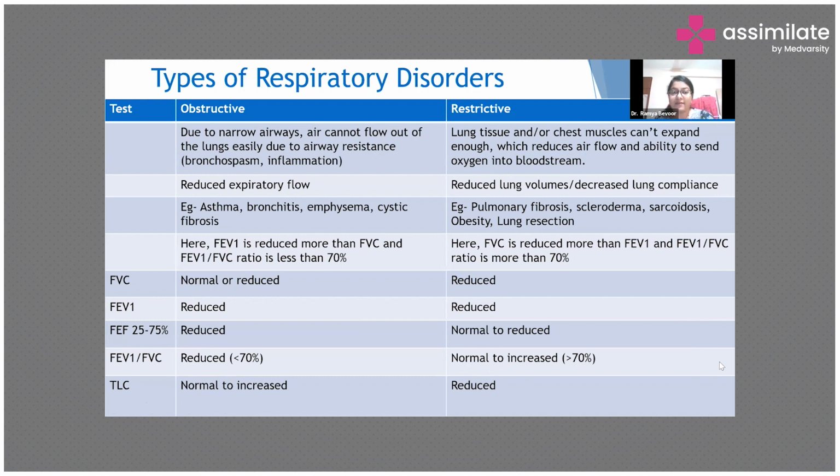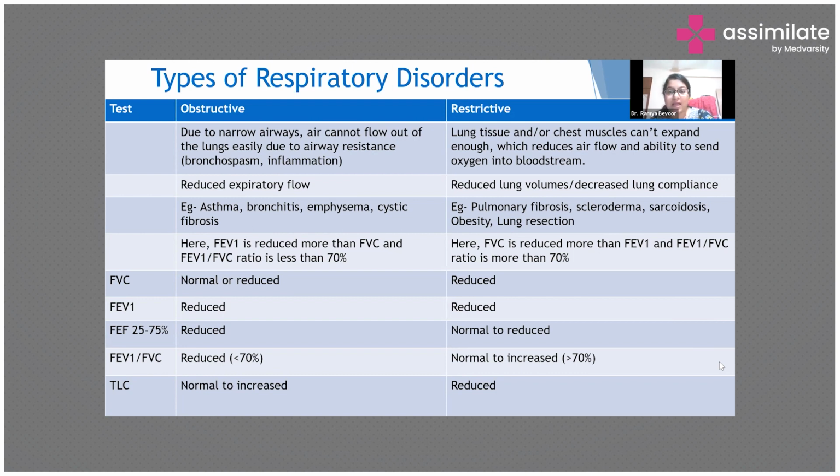There is a lot of airway resistance because of bronchospasm and inflammation, and the air is not able to move out. So the FEV1 is reduced more. FVC, the forced vital capacity, is also reduced, but mainly the FEV1 comes down in an obstructive disease. And the FEV1 by FVC ratio is less than 70%.